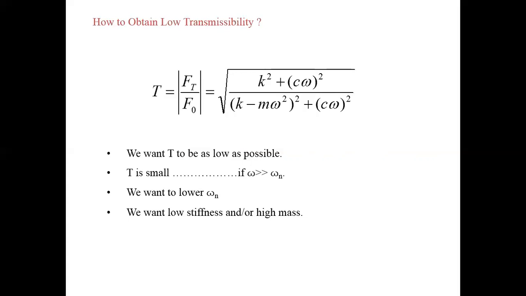So for the safe side, we have to decrease the transmissibility. And how can we obtain the low transmissibility? So T is small if omega is more than omega n, we want to lower the natural frequency, and we want low stiffness or high mass, right?